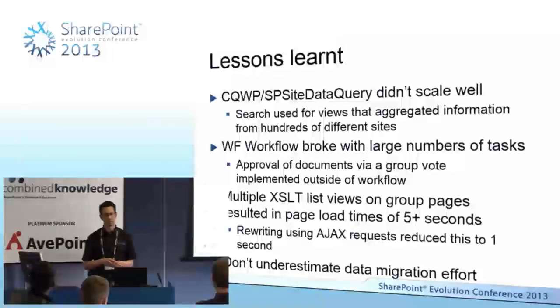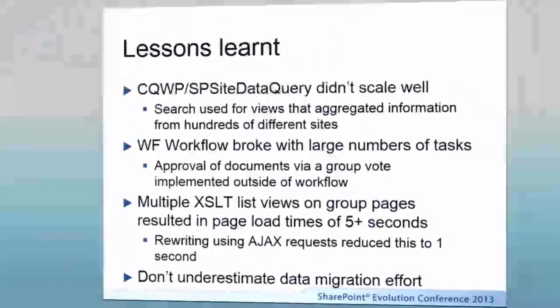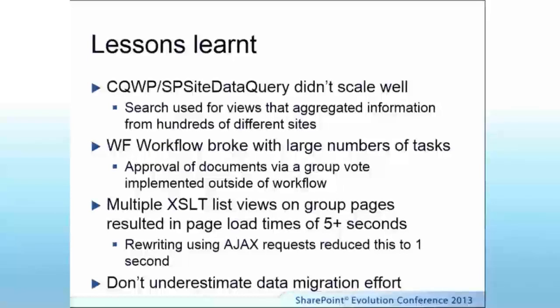We also found Workflow Foundation had some kind of fundamental problems when you're using a large number of tasks inside a workflow. So one of the change request workflows is approval by a group. Now some of these groups have up to 1,500 members.